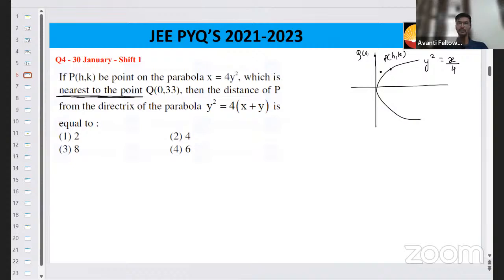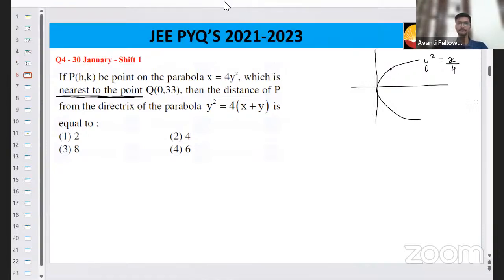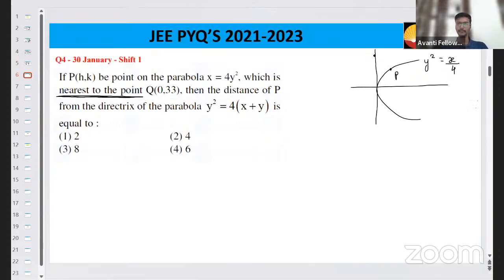This is Q, 0 comma 33. Okay, let me write it. This is the y-axis. Let me make the diagram more clear. Yeah, this is the point P. This is the point Q.